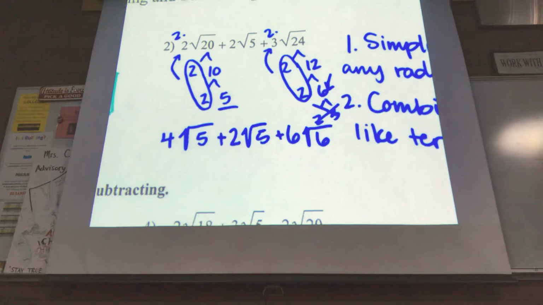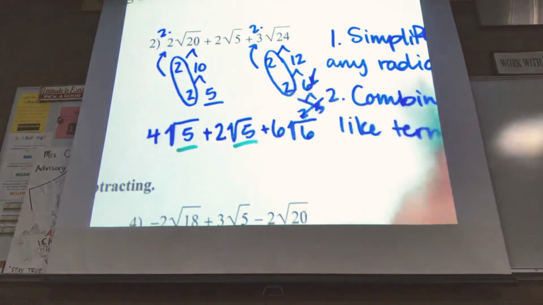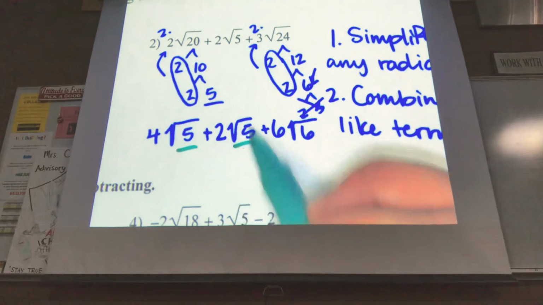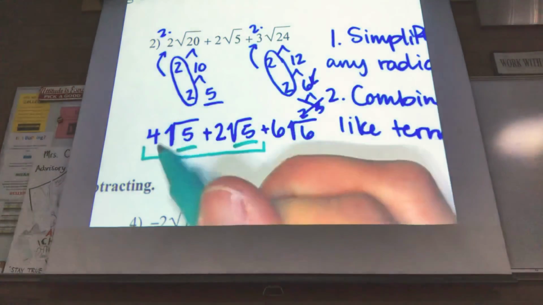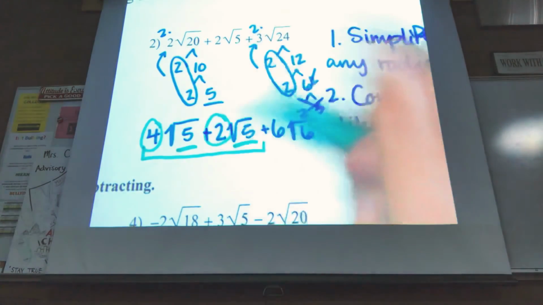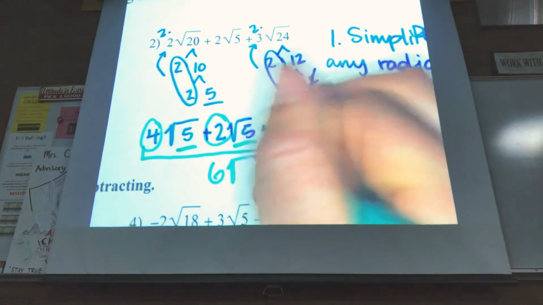Perfect. So we simplified everything that we could. Now we need to combine like terms. Okay? So let's look at them. We need to find the ones that have the same radical. I have a root 5, and a root 6. The only two that I can combine are these two. Okay? So now I take the ones in front. 4 plus 2 is going to give me 6 root 5s.